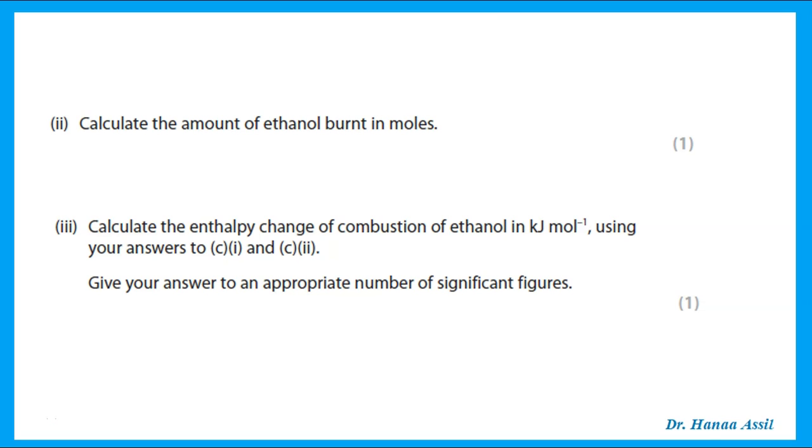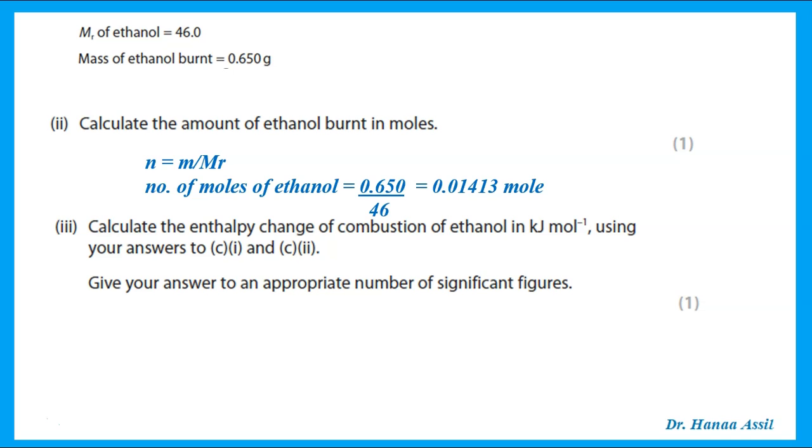Then we're told to calculate the amount of ethanol burnt in moles. So we're trying to get the number of moles of ethanol, and we know that number of moles is mass over molecular mass. If we go back, we'll find that the mass of ethanol burnt is 0.65 grams and the Mr of ethanol is 46. So 0.65 over 46 gives the number of moles of ethanol.